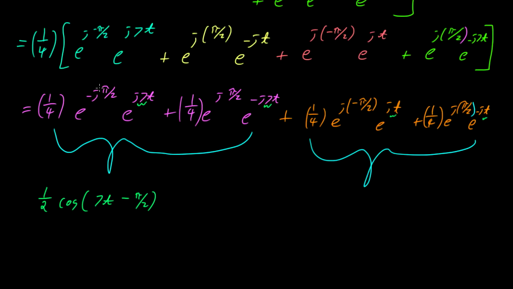This is my phase, minus pi over 2. Plus this k is also 1/2, plus 1/2 cosine t minus pi over 2. Again, my omega is just 1, and my phase is minus pi over 2.